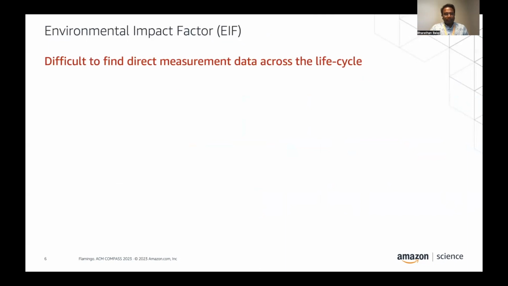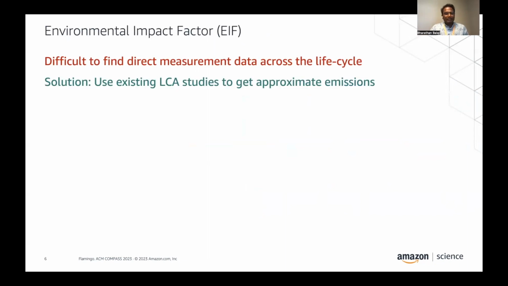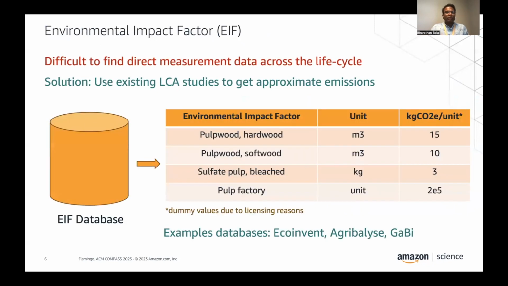However, getting the direct measurement across the entire supply chain and downstream use and disposal is challenging. Therefore, practitioners rely on existing LCA studies. And these LCA studies are encoded as environmental impact factors and collated into databases by vendors such as EcoInvent, AgriBalyse, GaBi, and so on.